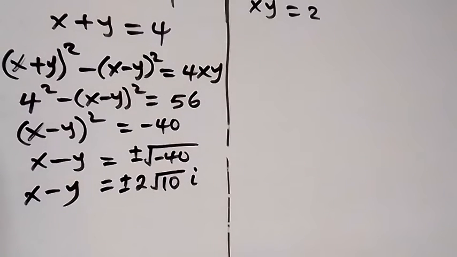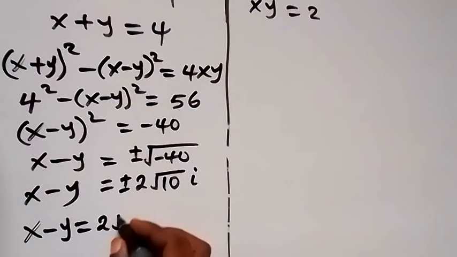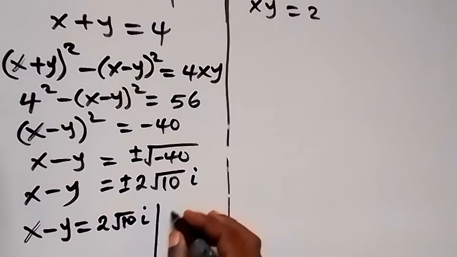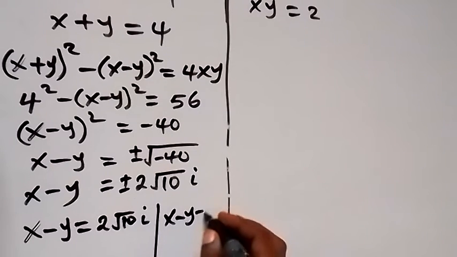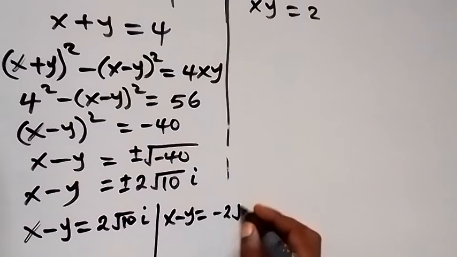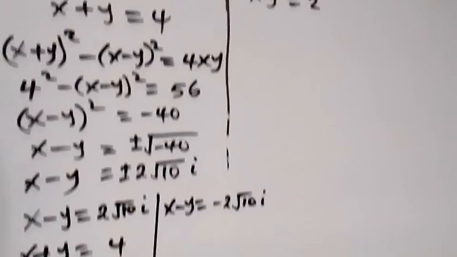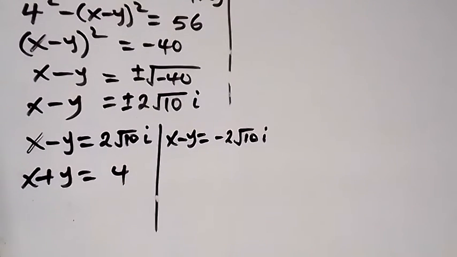Then we have two possible cases. The first is x minus y equals 2 root 10i. And the second is x minus y equals minus 2 root 10i. Then, when we now bring the value of x plus y under here, x plus y equals 4. We want to solve for x and y here.